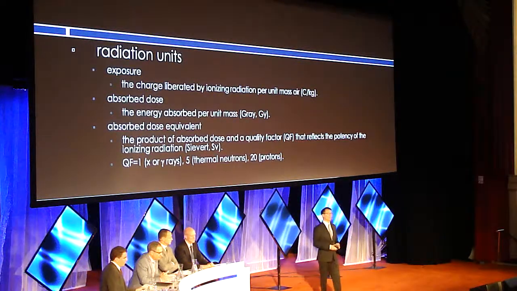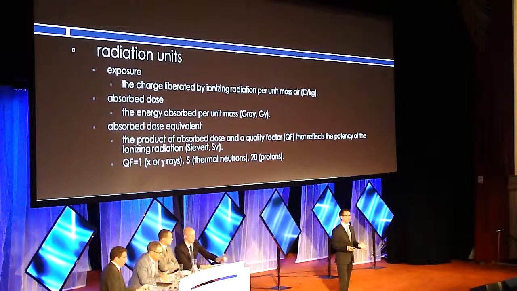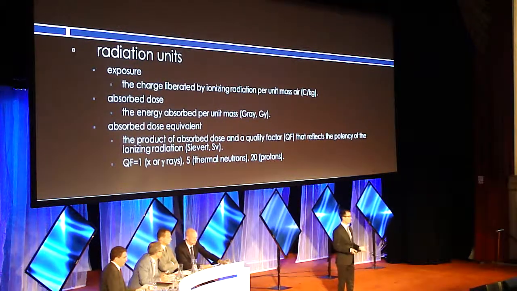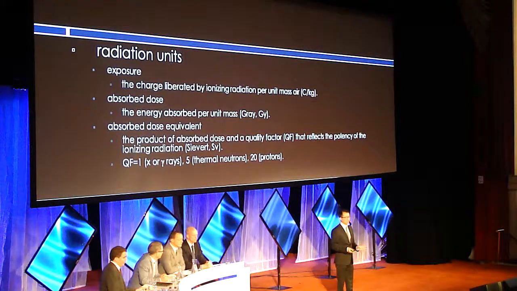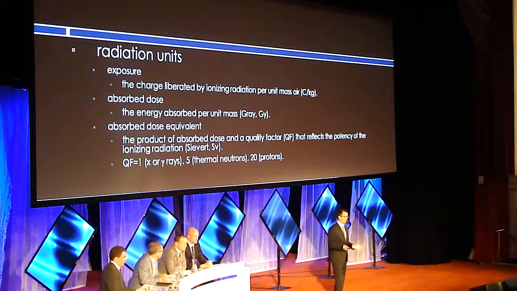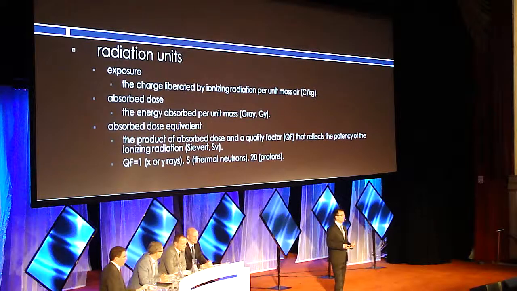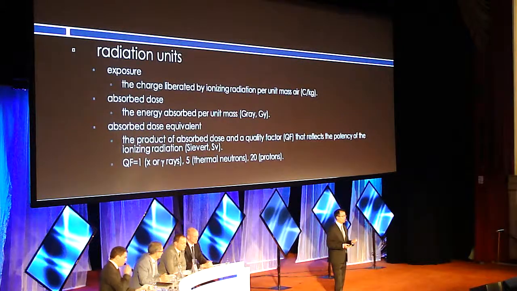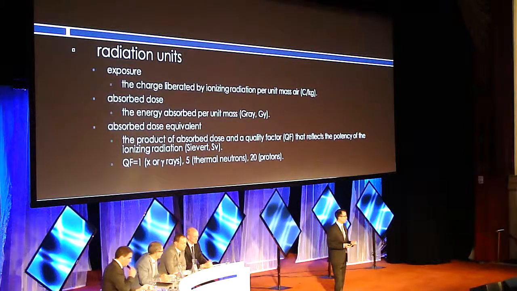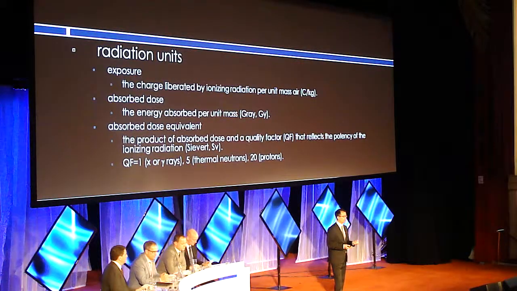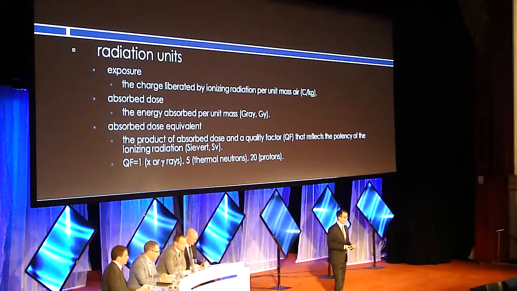Many of us, when we talk about radiation, or when you hear about it in the press and in hallway conversations, people like to talk about exposure. But exposure is actually an incorrect term to use, and you really shouldn't be using that term. Because exposure really is an in vitro type of measurement where you measure the amount of ionization that occurs when an X-ray beam or any ionizing radiation source travels through air.